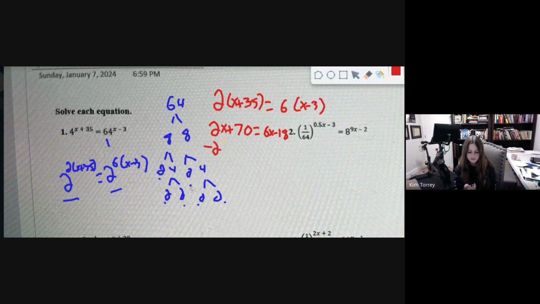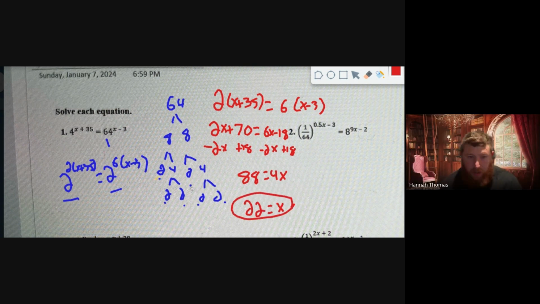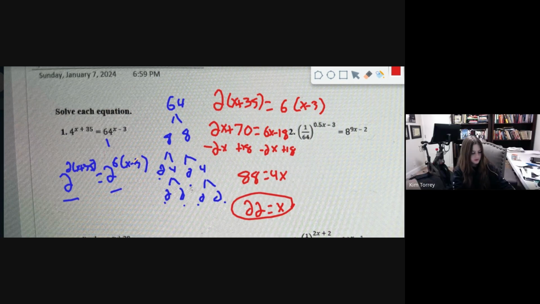Oh, that's what I meant. Anyways, okay. So then 88 equals 4x, and then you would divide by 4. So then it would be 22. So x equals 22. Yep. Cool. Okay. All right.